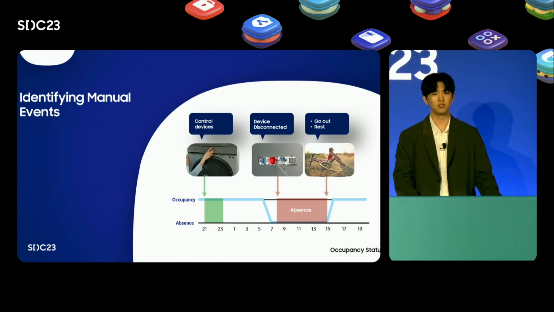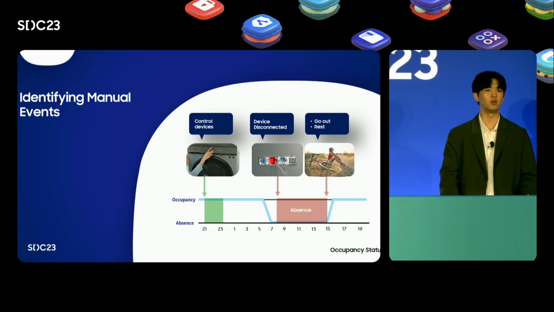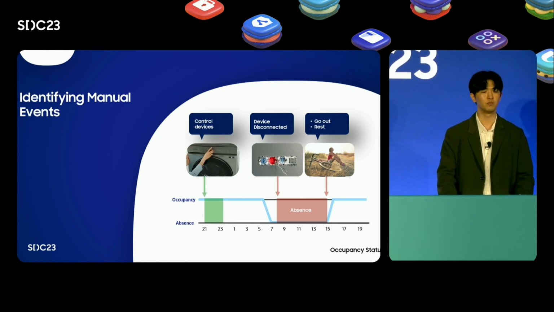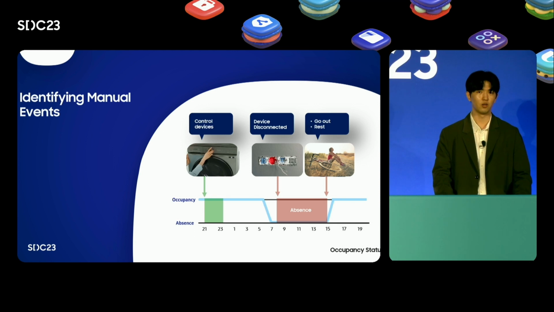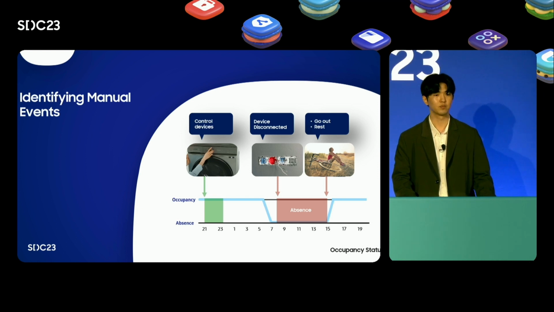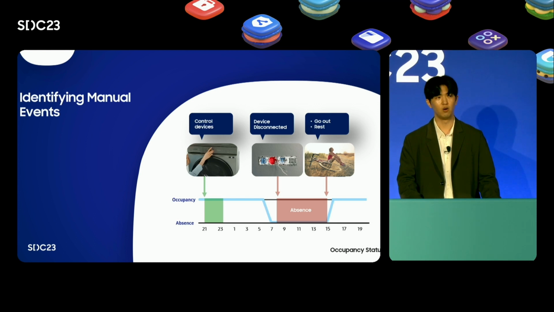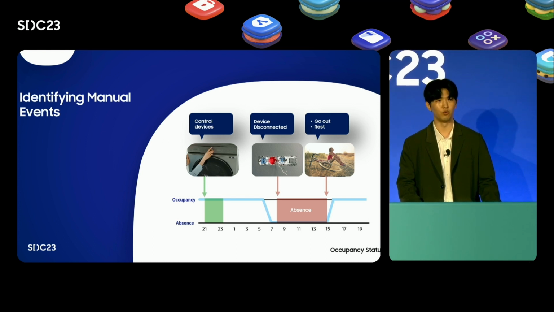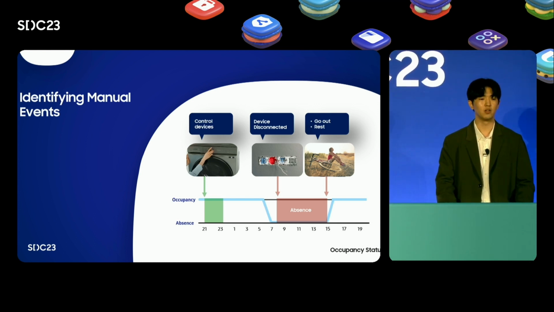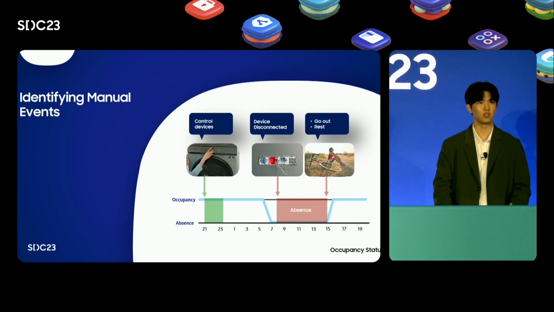As previously mentioned, the basis for occupancy primarily revolves around manual events. For instance, if you operate the laundry at 9 p.m., it suggests that you are at home. Similarly, if you consistently leave for work or school on weekdays and there is no device activity, it's a strong indicator that you are at home.